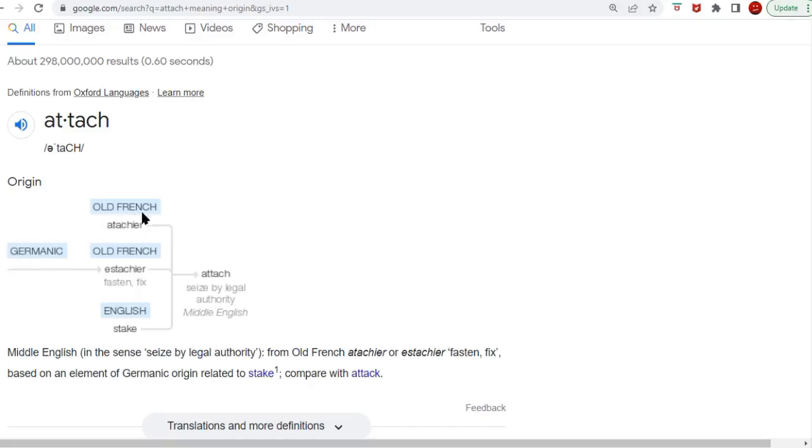And from there it went to the old French as attacher, or estacher, or a stake in English, and somehow became attach, and means to seize by legal authority, meaning to fasten or to fix, based on an element of Germanic origin related to stake, to stake them out.